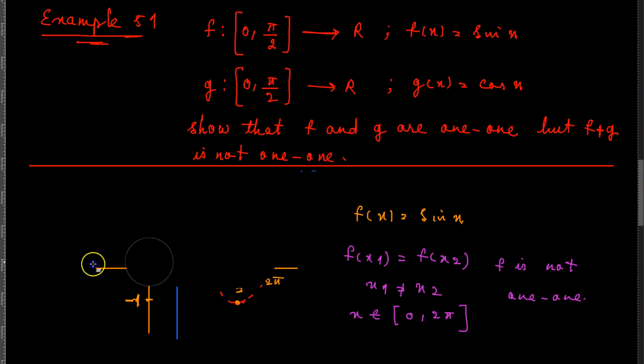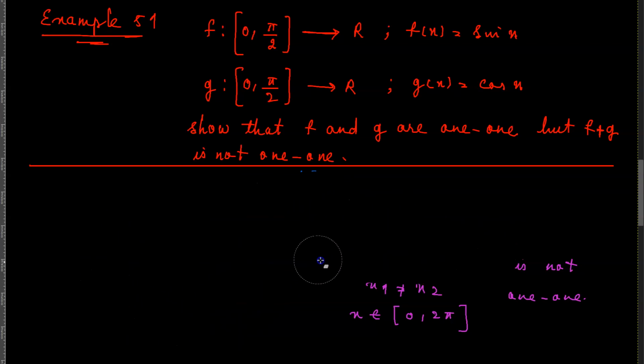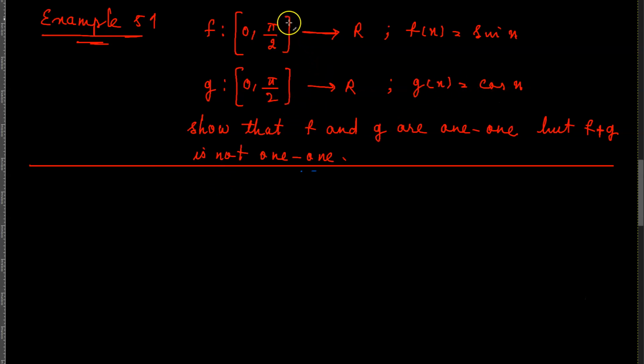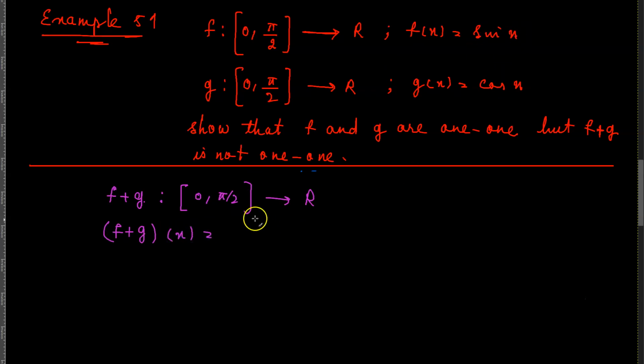Now, f plus g is different, meaning that, assuming I'm supposed to keep the same domain and codomain, let's say that f plus g is a function that goes from 0 to pi by 2 to R. Then f plus g of x is equal to sine x plus cos x, right?